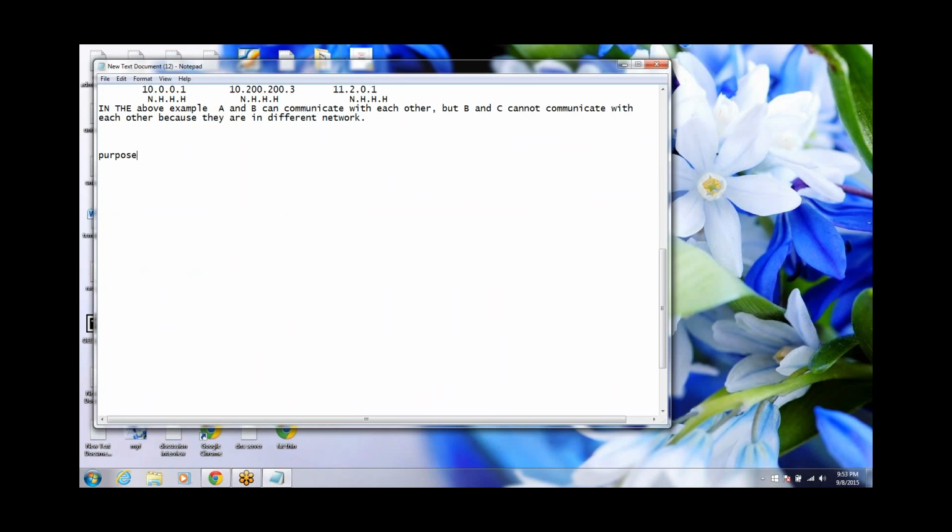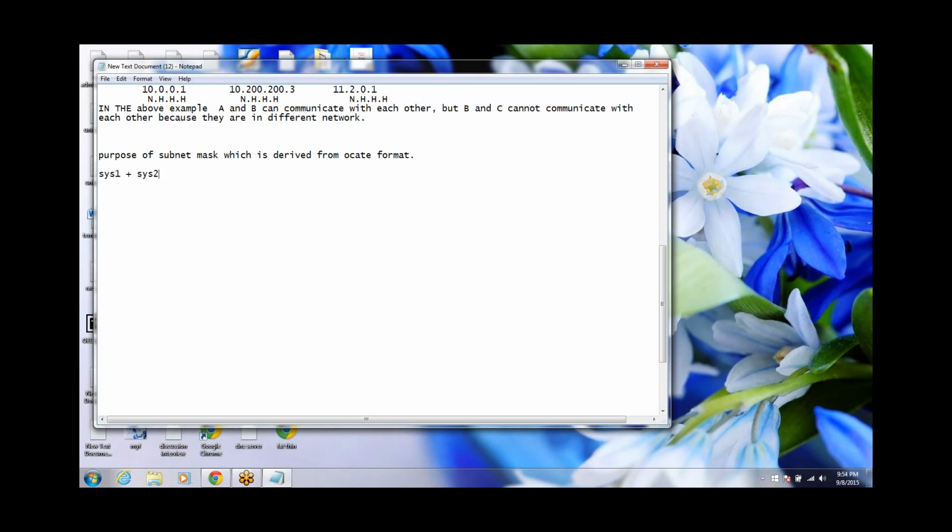Then we have one more very important example of the subnet mask. See here, the purpose of a subnet mask, which is derived from the octet format. What the purpose is, like this. For example, see here, sys1 plus sys2.